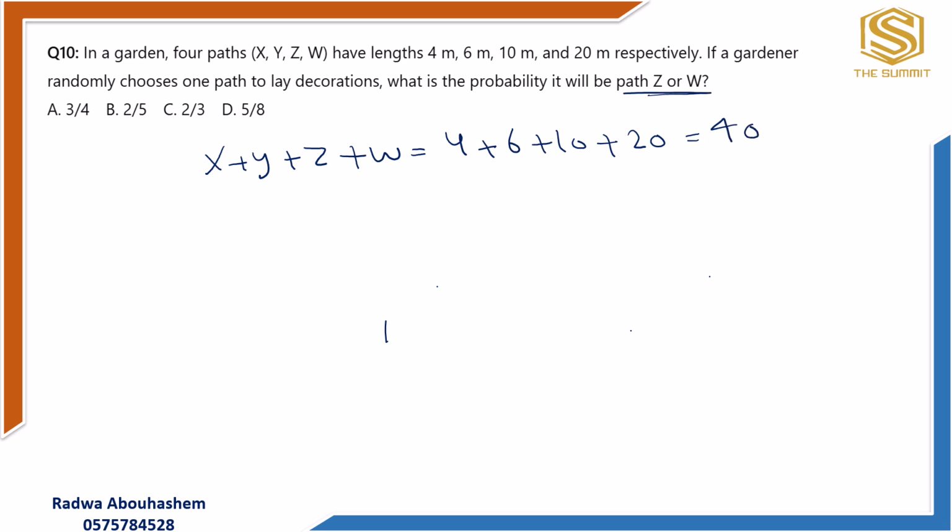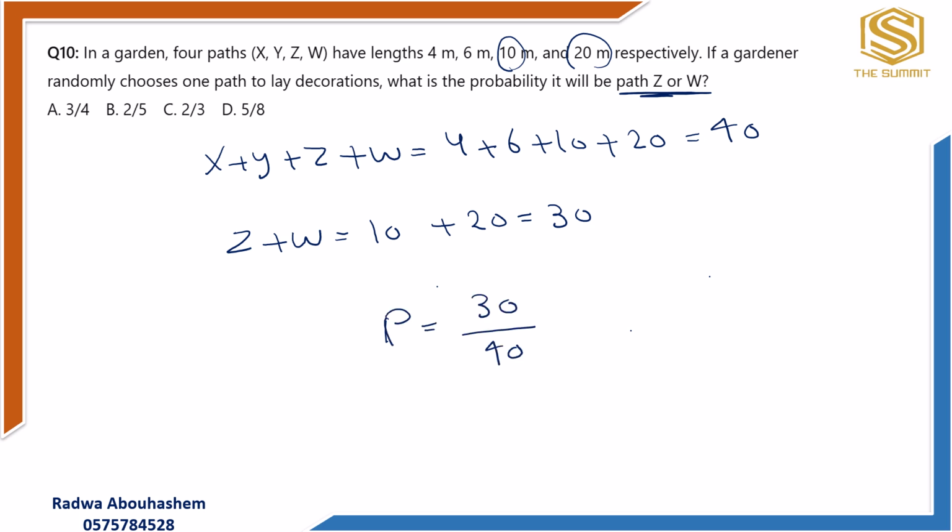Passes Z and W: Z is 10 and W is 20, 10 plus 20 gives me 30. So the probability would be 30/40, which gives me 3/4.